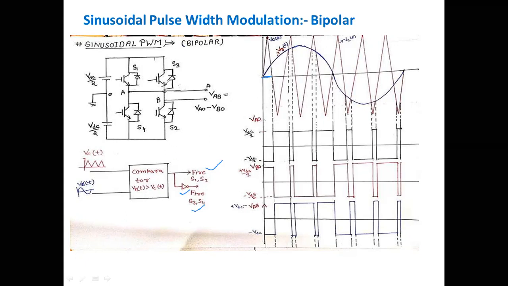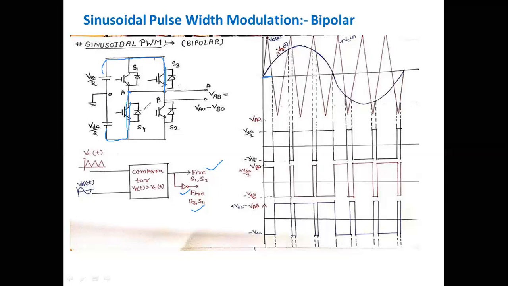Okay. So when switch S3 is turned on, and S4 is turned on, that means this terminal A is connected to the minus point of this VDC by 2, the negative terminal of VDC by 2, and when S3 is turned on, that means this B point is connected to the positive terminal of the battery, that is plus VDC by 2.